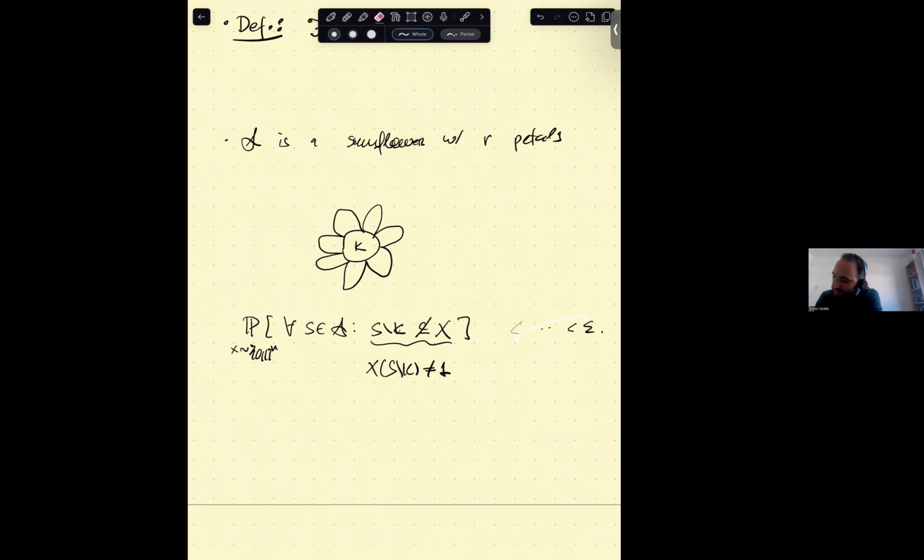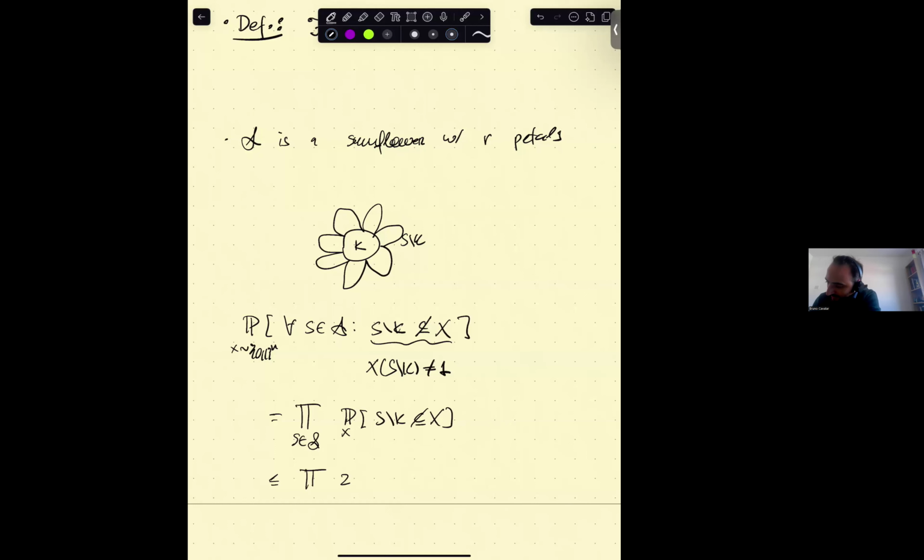So the sunflower's petals all have length L. The probability of no, this is actually 1 minus 2 to the minus L, right?